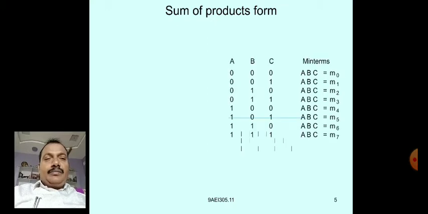Let us take, for example, a 3-variable Boolean system, ABC, 000 to 111. Total 8 combinations are there.